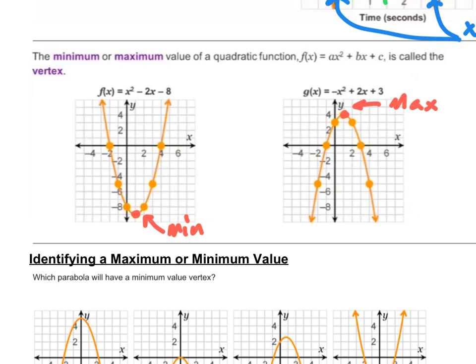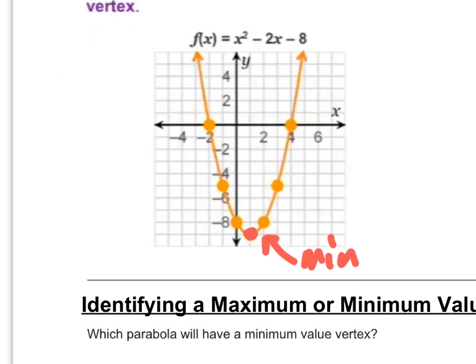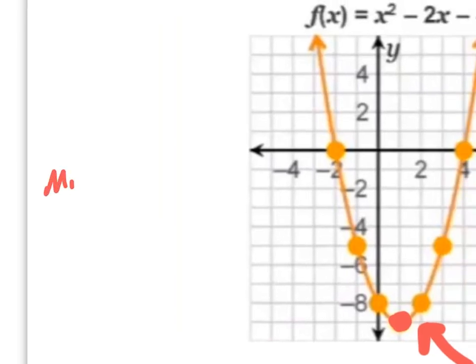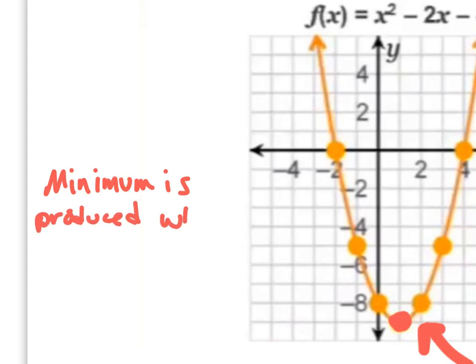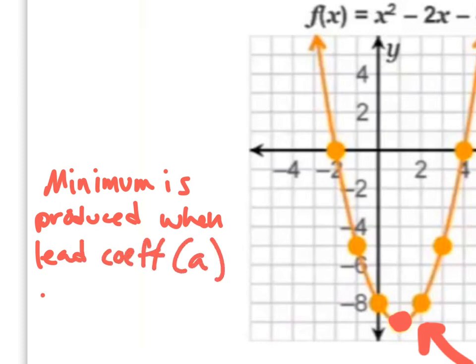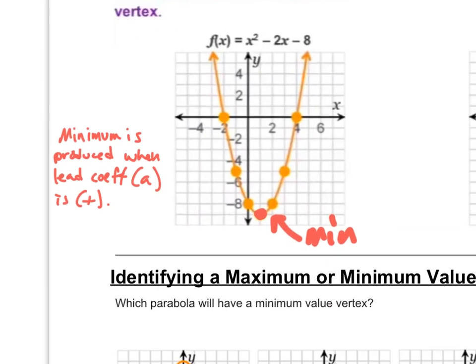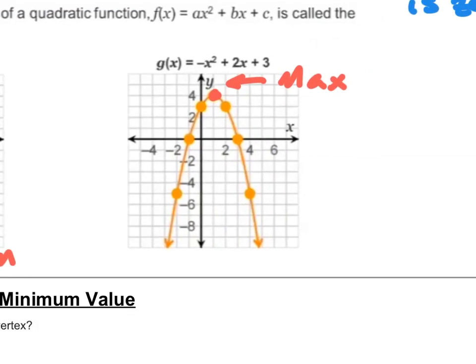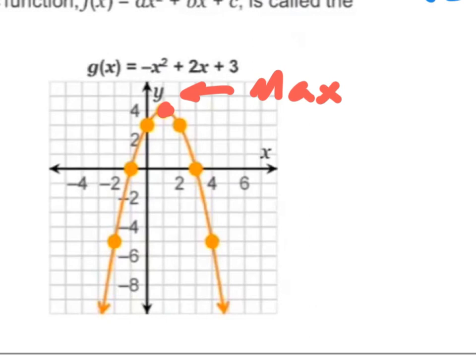So to get a minimum, I'm going to zoom in here, a minimum is produced when the leading coefficient, which is also known as a, is positive. That means that the graph opens up, like this, and it's going to produce a minimum. Over here, we're going to get a maximum.